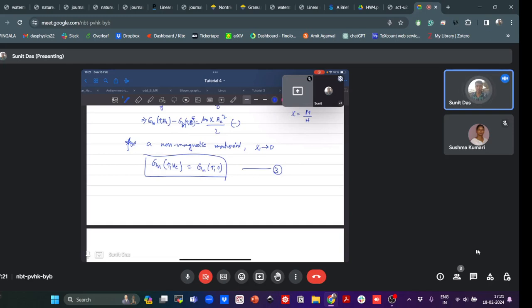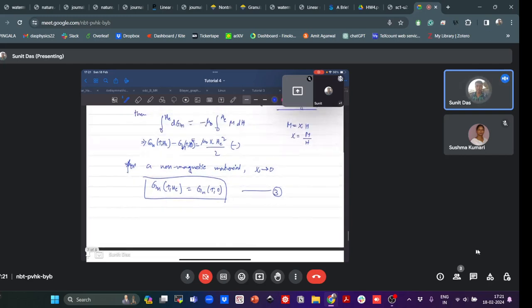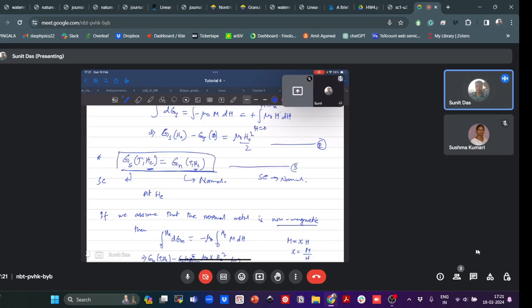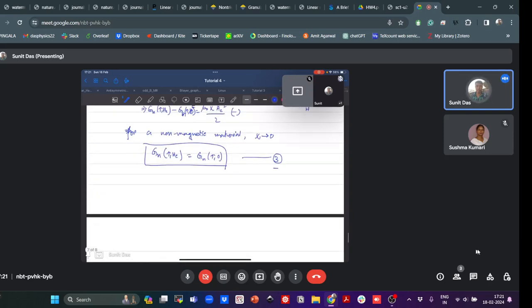Because for a non-magnetic normal metal, no magnetization is induced in the system after applying a magnetic field, so it is almost negligible. There will be no increase in Gibbs free energy. Now look at equation 3 and this equation; let me call this equation 4.